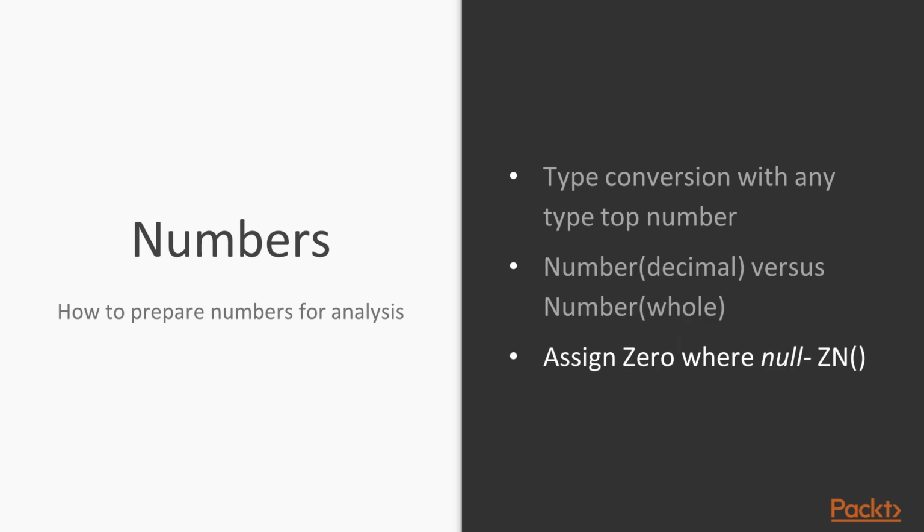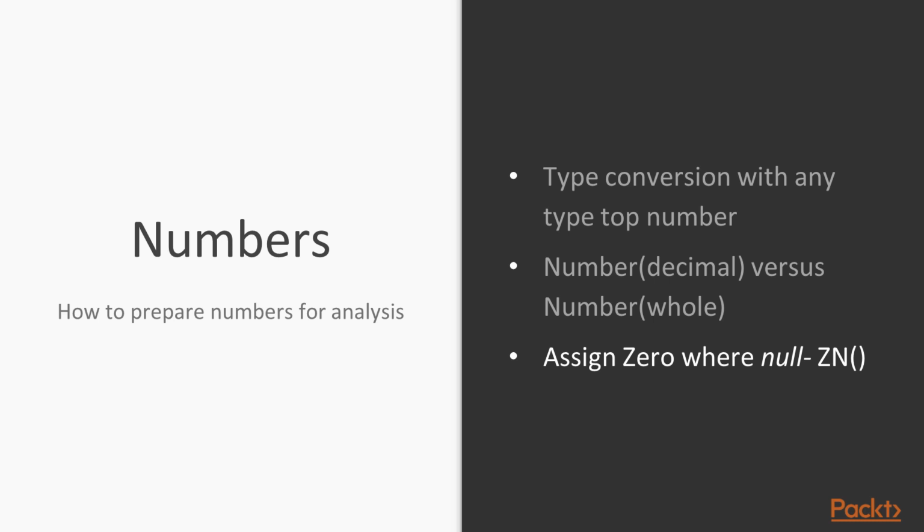The third point that we have over here is assigning zeros where we have null values. Let's say we have extracted the data from our raw data set with Alteryx or KNIME or from the SQL Server, and there are places where we have null values. It's a very good idea to apply the ZN function.